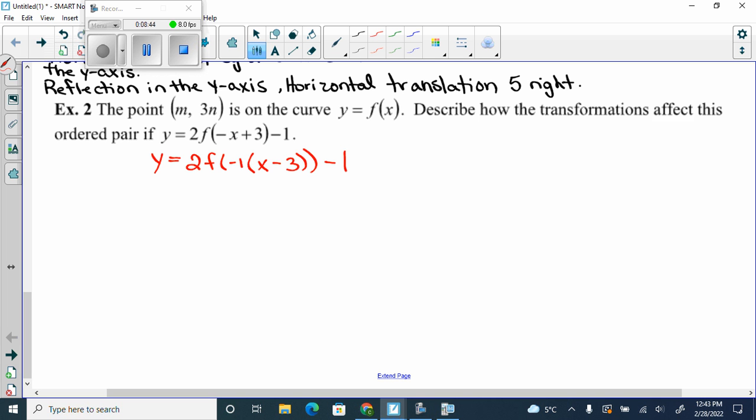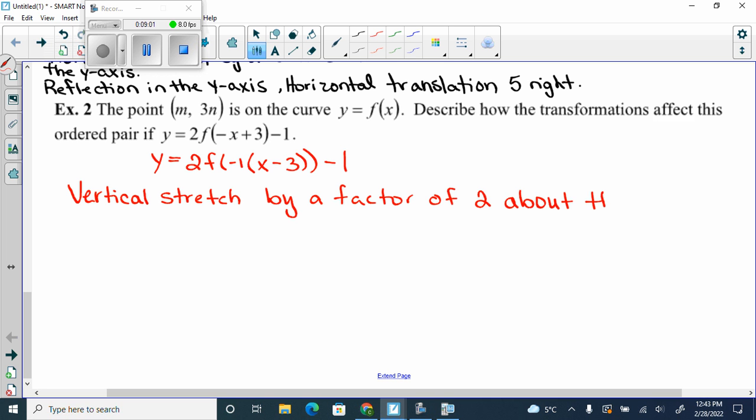Okay? So we have a vertical stretch by a factor of 2 about the x-axis. We have no horizontal stretch because there's no number there.